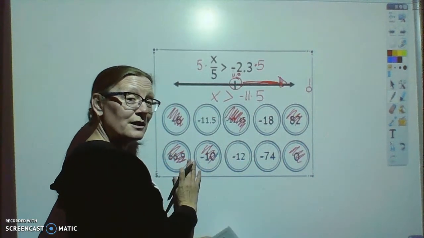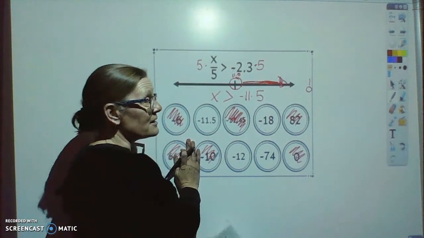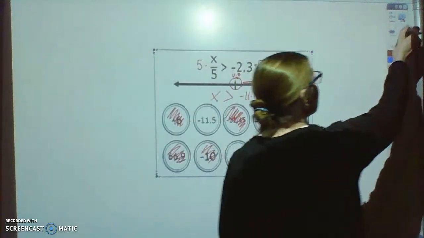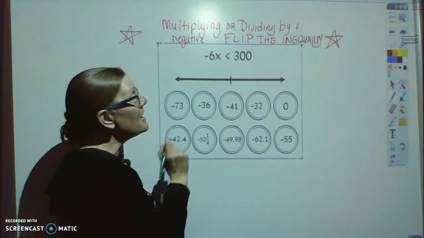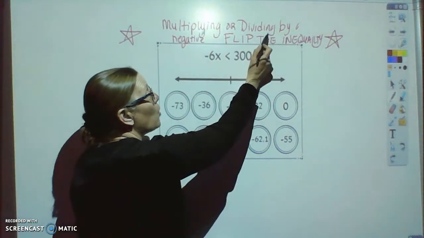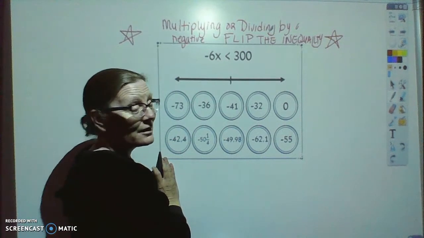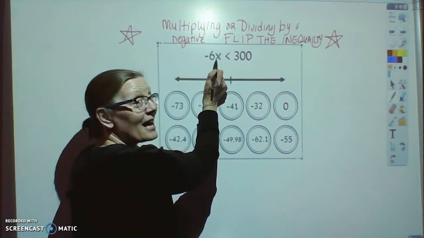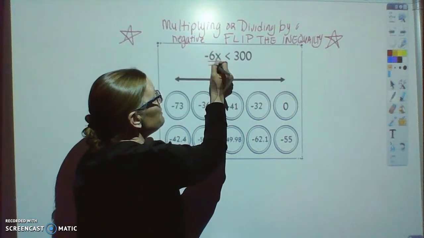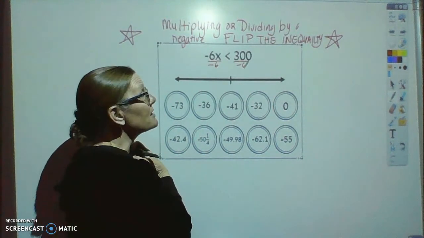So you are going to, in your answers, solve your one-step inequalities and then pick the solutions. I have one more example for you, and I put a big star because what we learned yesterday is if I am multiplying or dividing by a negative number, I have to flip the inequality to make it true. Because there is a negative 6 times x, to get rid of that numerical coefficient, I divide both sides by negative 6.